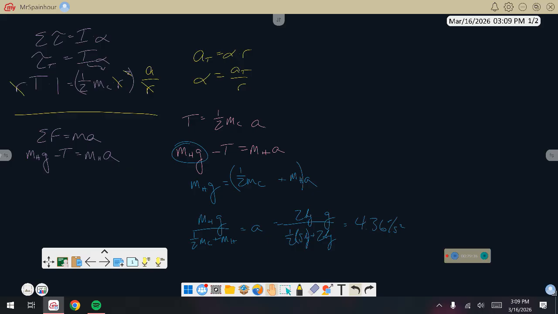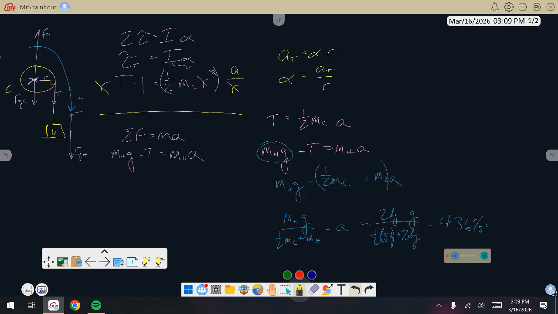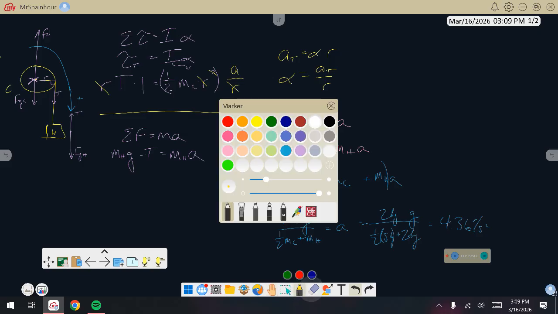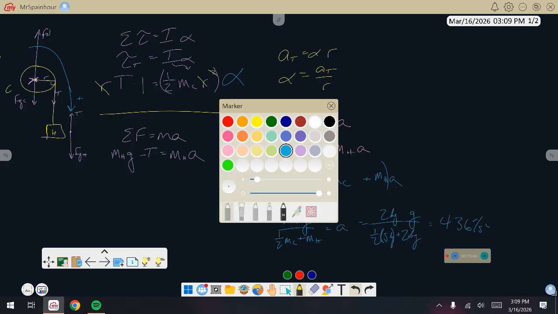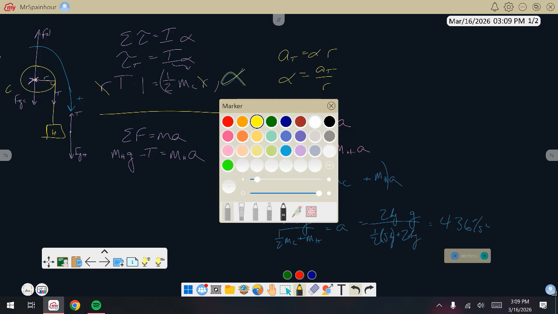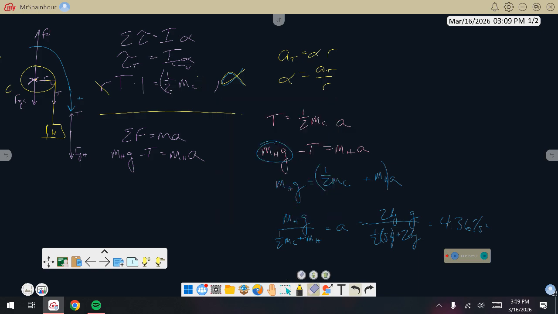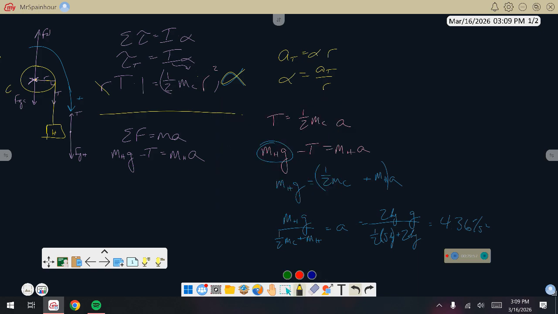Now, the other thing that you could do that was arguably more efficient, so I'm going to go back to yellow here, and remind you that this originally was alpha. Now, if alpha is there, one of these does not cancel. So let's go back here. R squared.